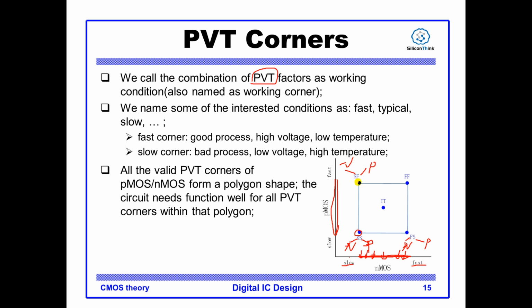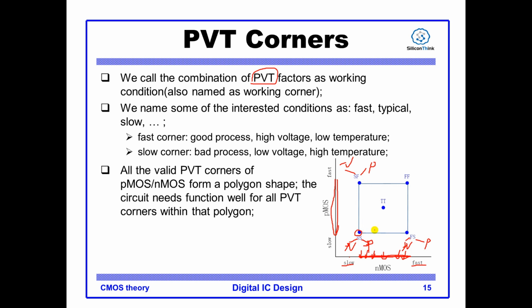So this will give us a rectangle. Within this rectangle, these are all the valid PVT working conditions the chip must work in.